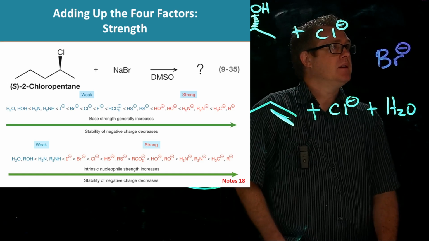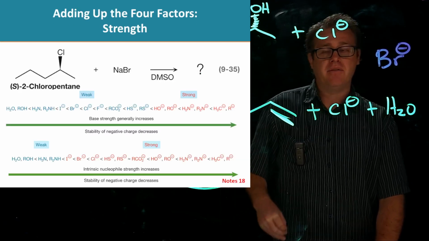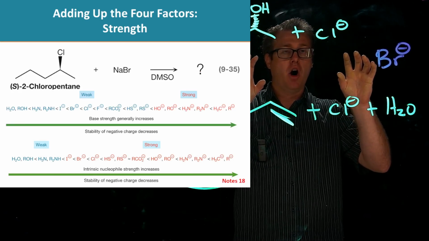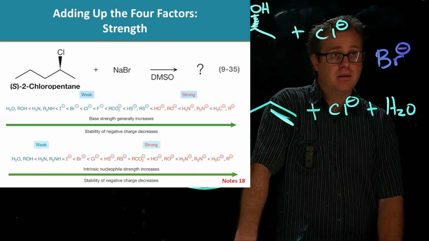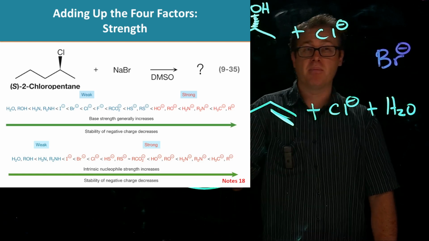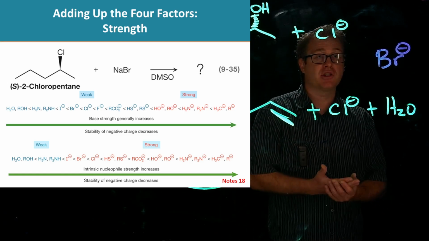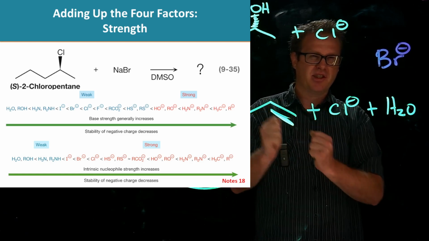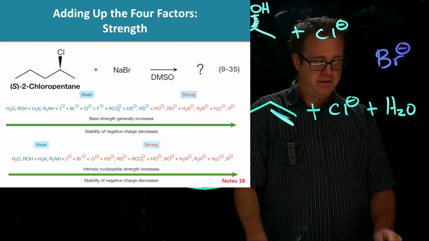So when you have a difference between weak and strong, always go with the strong. And what type of strong is it? Is it a strong base or a strong nucleophile? Well, in this particular case, it is a strong nucleophile or a weak base. So we go with the strong. So it is a strong nucleophile.